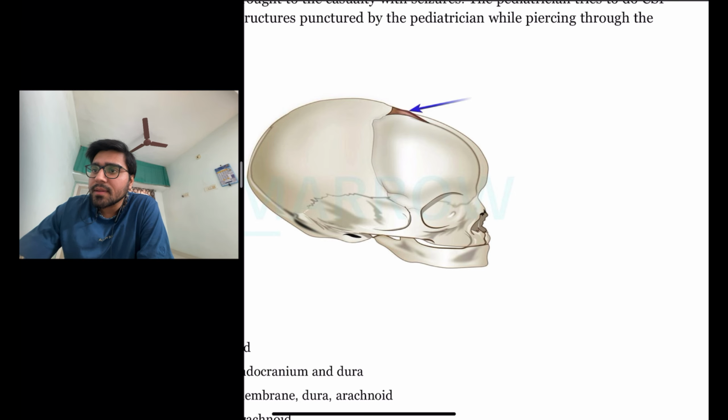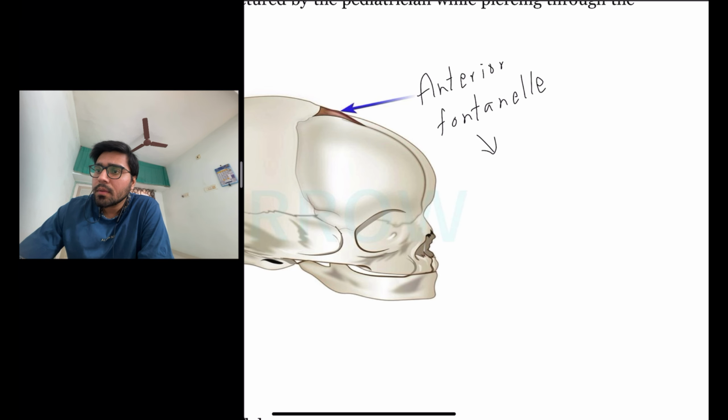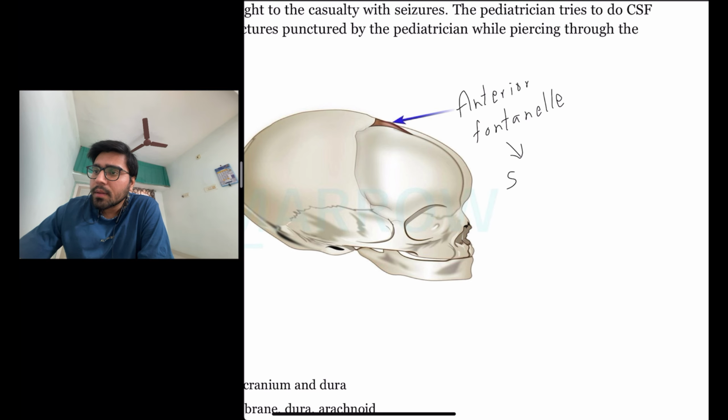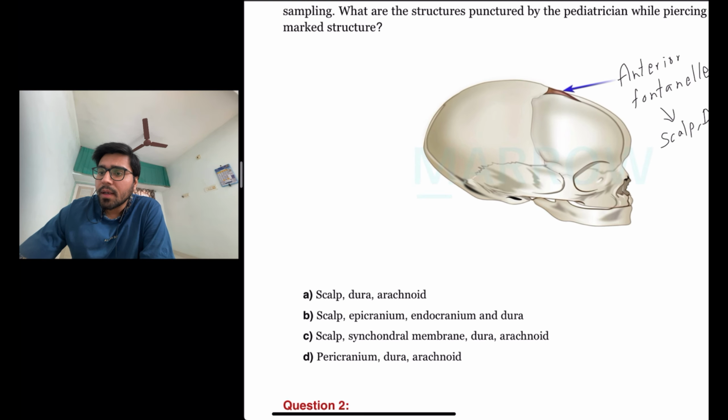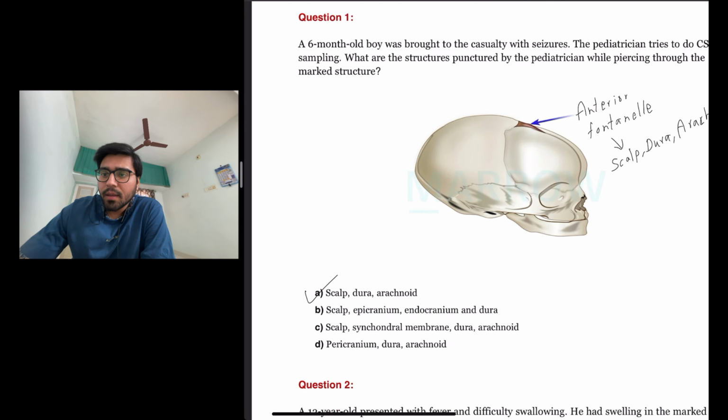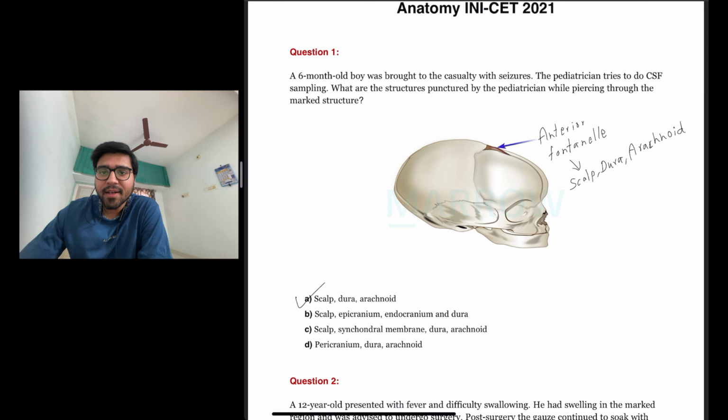This marked structure is the anterior fontanelle, and the structures pierced when you pierce the anterior fontanelle are scalp, dura, and arachnoid. So the answer here is A. Scalp, dura, and arachnoid.